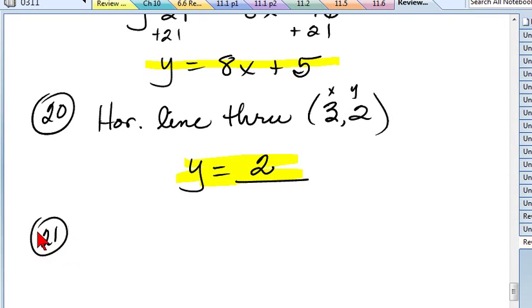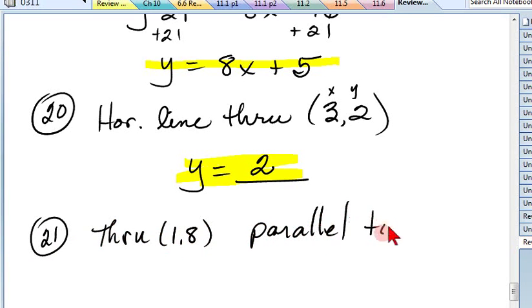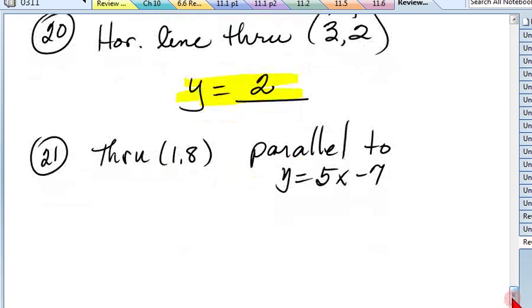Number 21. It is a line that goes through (1, 8), and it is parallel to y equals 5x minus 7. That's 21. Oh, the vertical line. 22. It is a vertical line.